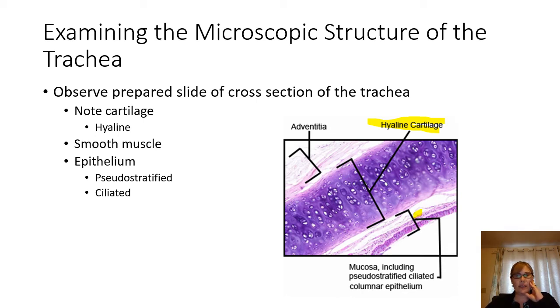And then what you're looking at down here is connective tissue that will lead to our pseudostratified ciliated columnar epithelium. And this space here that I'm going to color green is the lumen of the trachea. So this hyaline cartilage would be one of the rings.